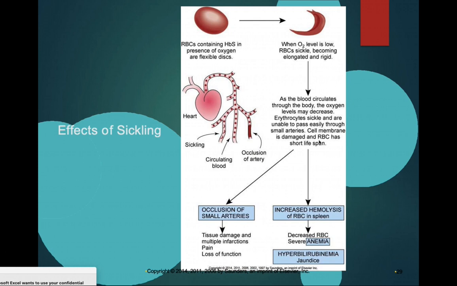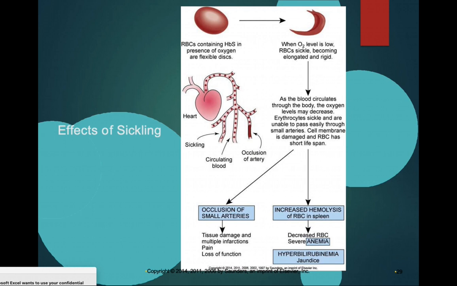As these cells try to go through the spleen and the liver for recycling, because the time span is reduced from 120 days to about 20, now you have increased hemolysis of the red blood cells in the spleen. And you get decreased red blood cells, you get this severe anemia. When the blood cells are breaking down at a very fast rate, one of the byproducts is bilirubin.